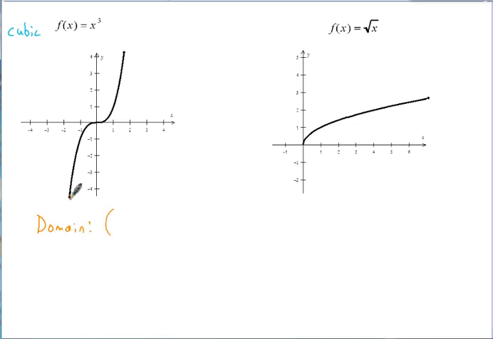So this keeps going left forever, so to negative infinity. And it's all connected, it keeps going to the right forever, so to positive infinity. And the range, all the possible y values. So from bottom to top, this heads down forever to negative infinity, and it goes up forever to positive infinity.